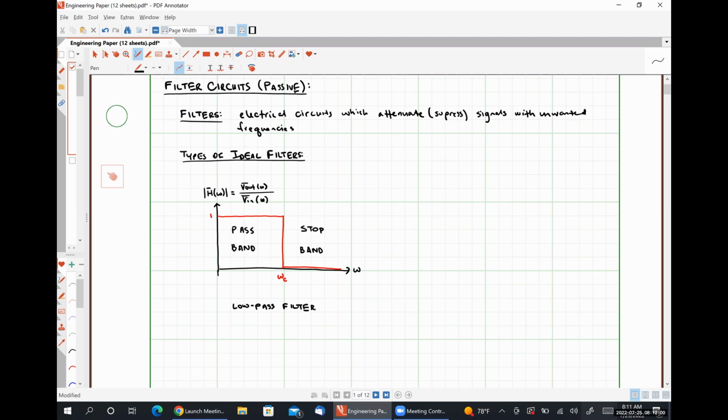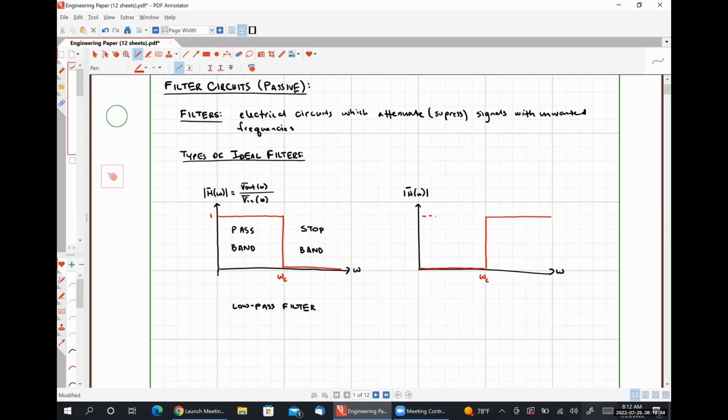All right, so our second type of filter, where again, this is the magnitude of H of omega. This axis is omega. This is the exact opposite of a low pass filter, in as much as signals are completely attenuated up until we hit our corner frequency, at which point signals begin to be passed.